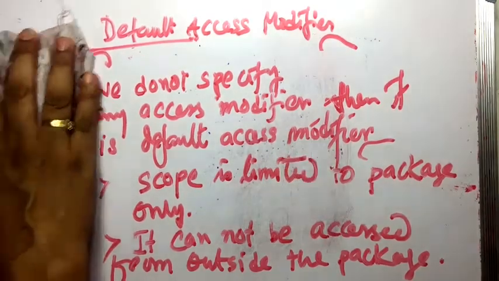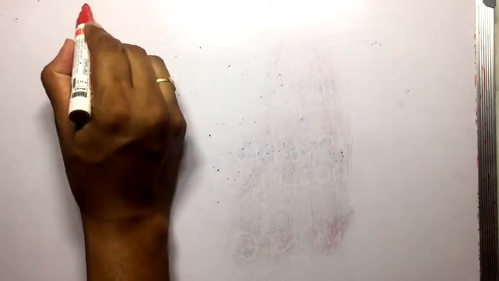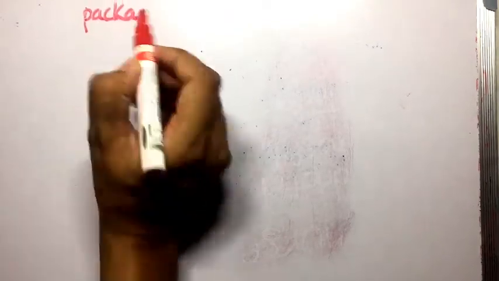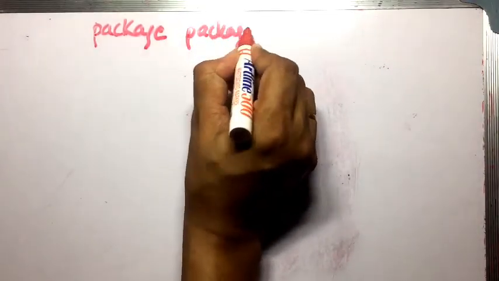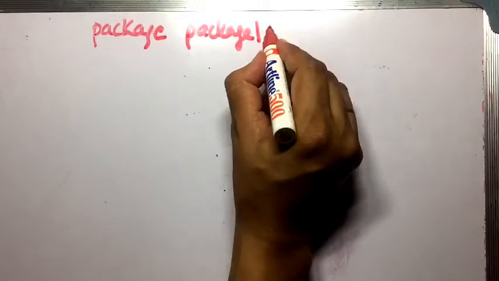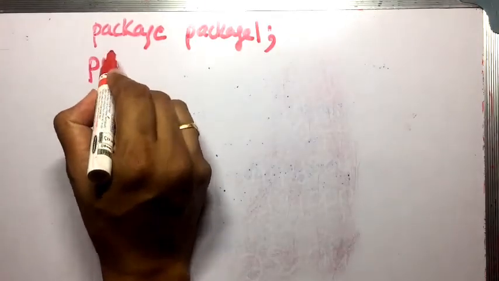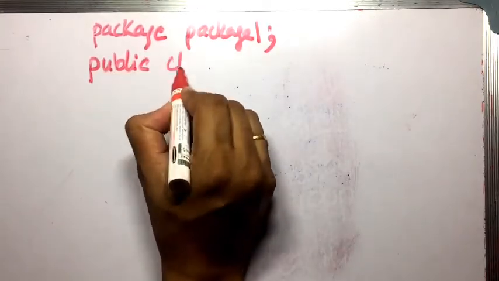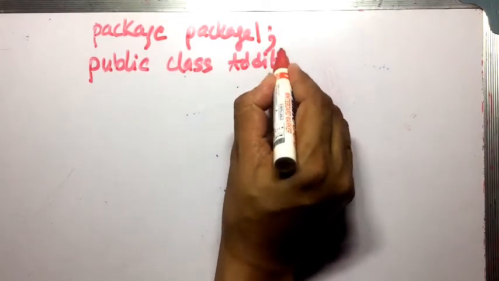Now the example of the default access modifier. Suppose the name of the package is package 1, and there is a public class, the name of the class is Addition.